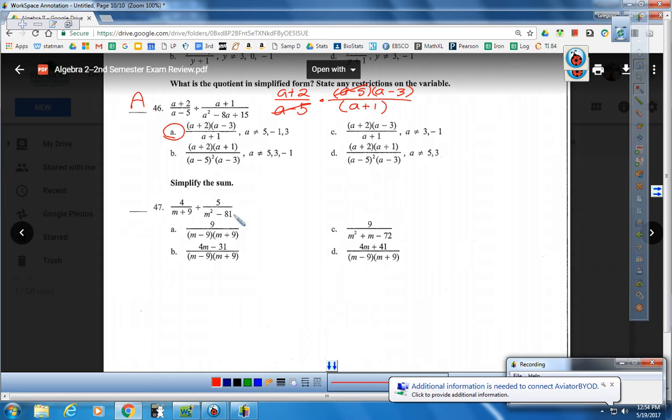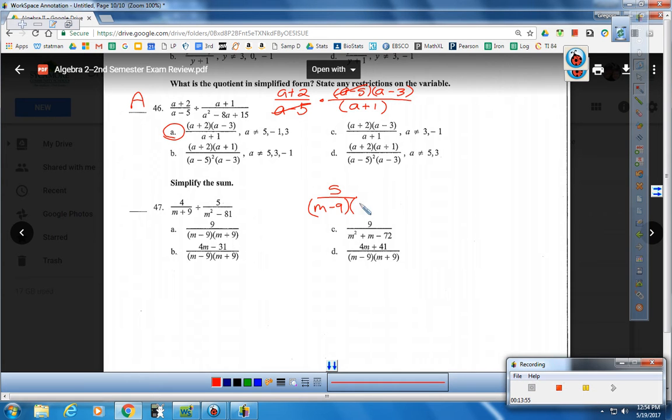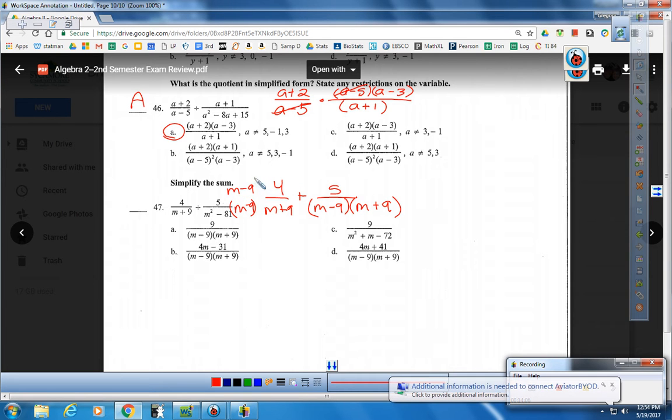Okay, for these, to simplify, I need a common denominator. I know that the right side factors into 5 over m minus 9, m plus 9. So that means the left side, 4 over m plus 9, just needs an m minus 9. Okay? So this will turn into, and I'm going to distribute this 4.